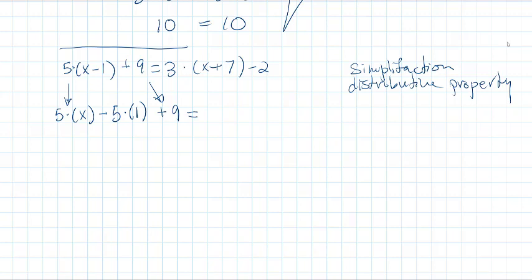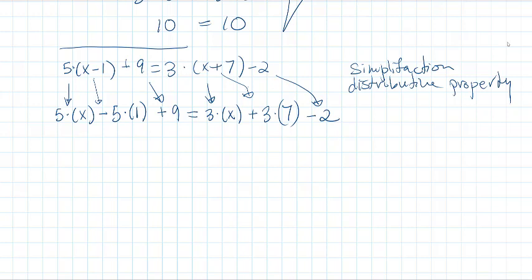That equals, okay, now we'll use the distributive property again for 3 times x plus 7. This will give us 3 times x plus 3 times 7. And again, we have a plus here, so we get a plus here, and we have a minus here, so we get the minus here. And then finally, our last element on the right is minus 2.